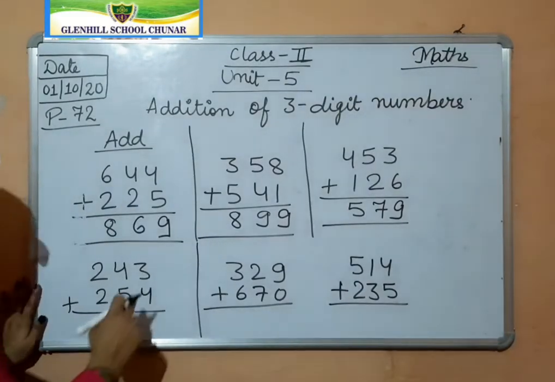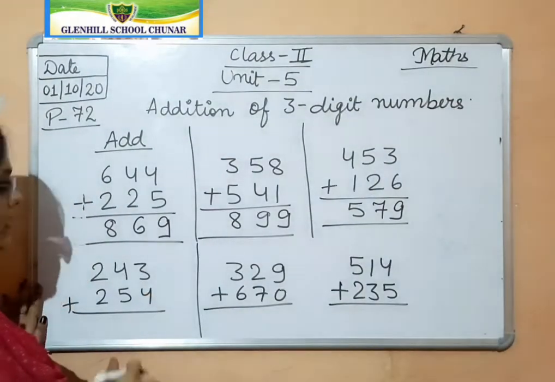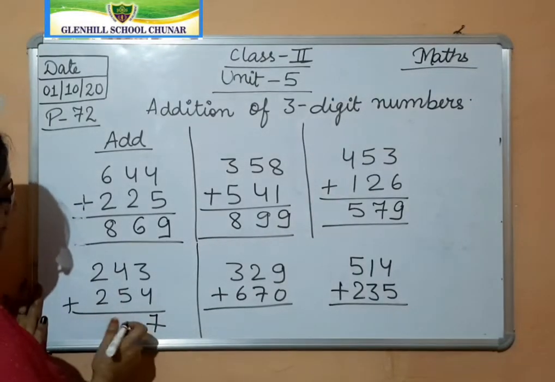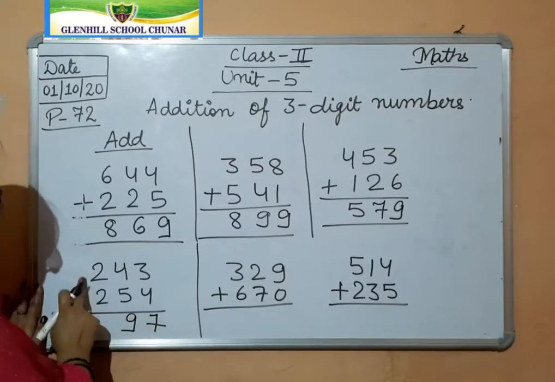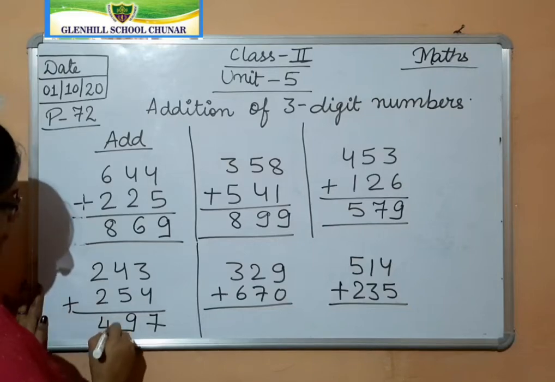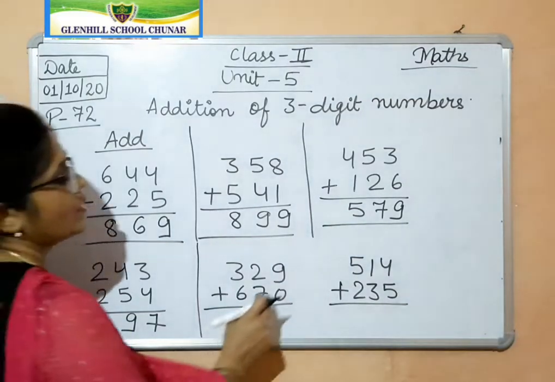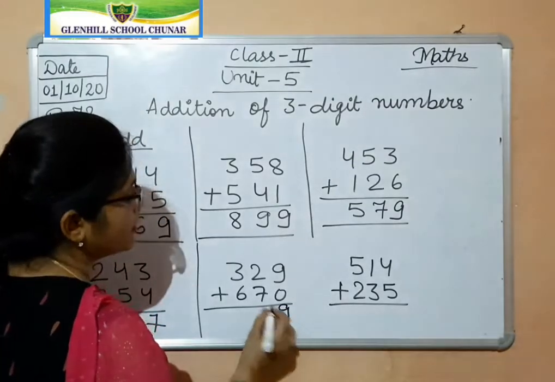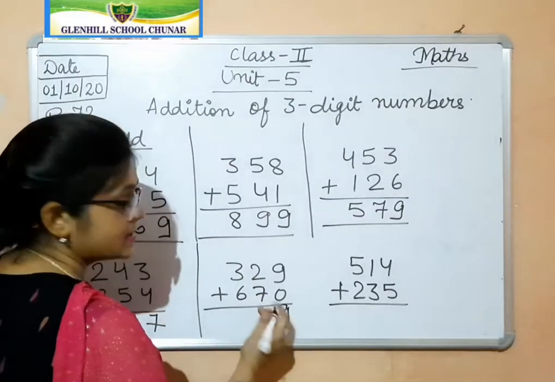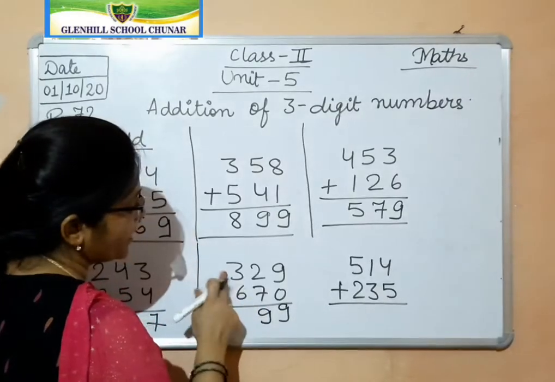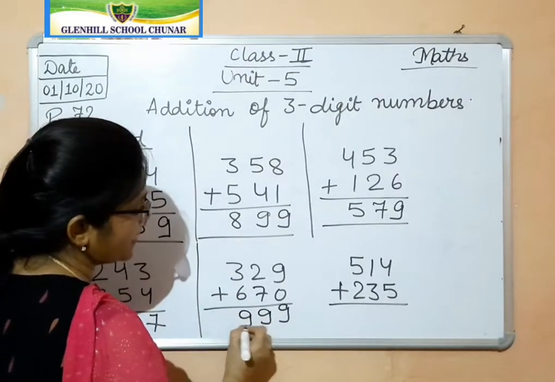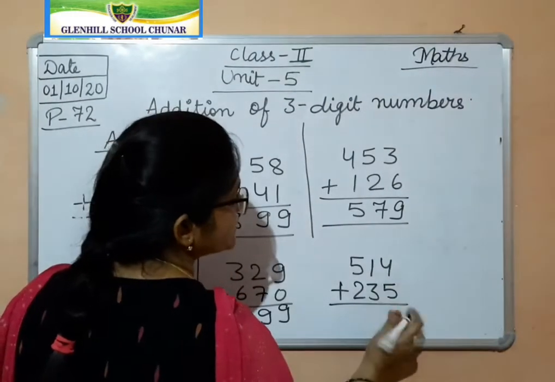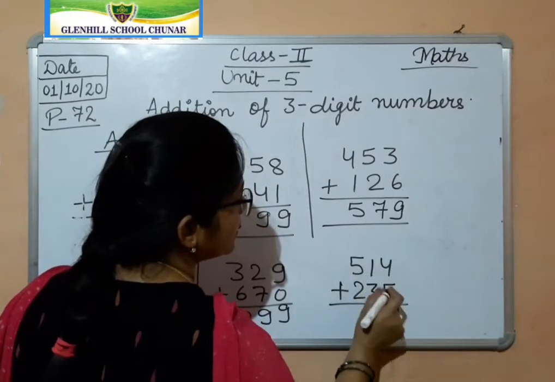Now see, 3 plus 4 is 7. 4 plus 5 is 9. 2 plus 2 becomes 4. Now 9 plus 0 means 9. 2 plus 7 means 9. And 3 plus 6 means 9. Now 4 plus 5 is 9.